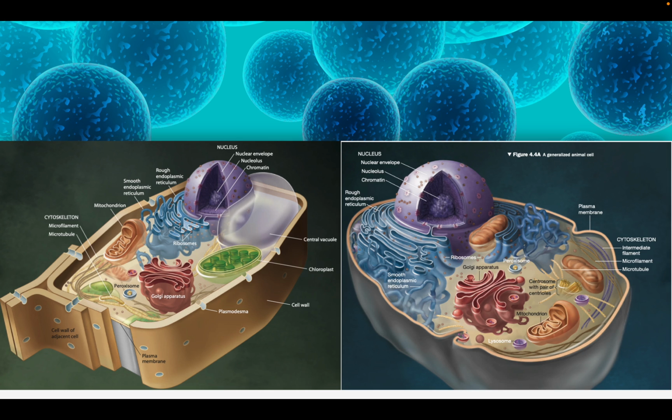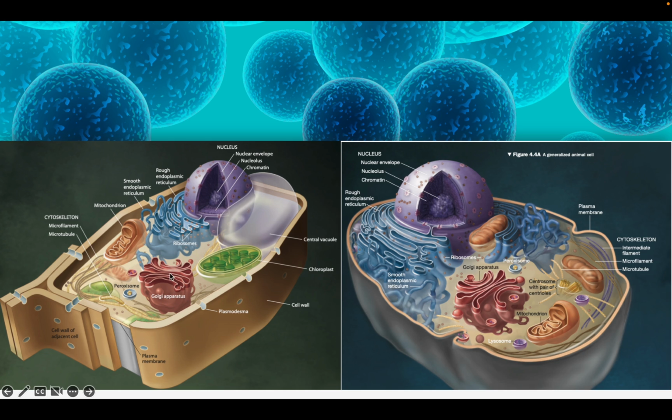Now we have ribosomes. This one, attached and unattached. Can be attached, can be unattached. These are small, non-membrane bound organelles that are involved in protein synthesis. They can be found free in the cytoplasm or attached to the rough endoplasmic reticulum.